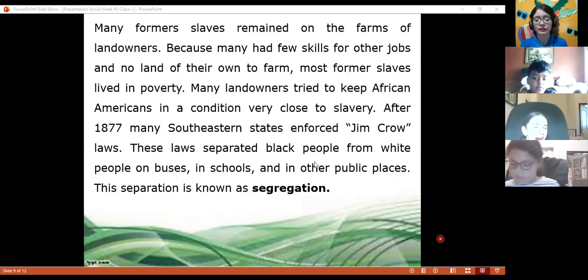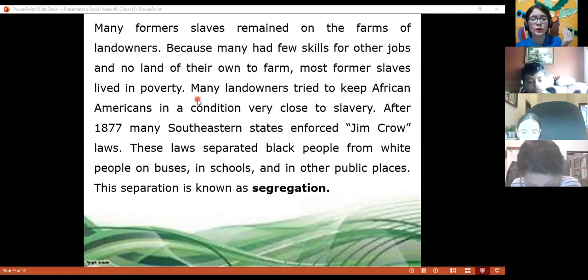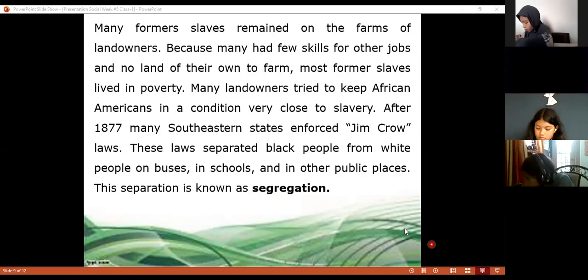What happened in this class? After all of this, even though they have the civil rights and all these changes, it says that many landowners tried to keep African Americans in a condition very close to slavery. They were free of slavery, but they didn't have enough money. They were living in poverty. They were poor people because they were slaves.